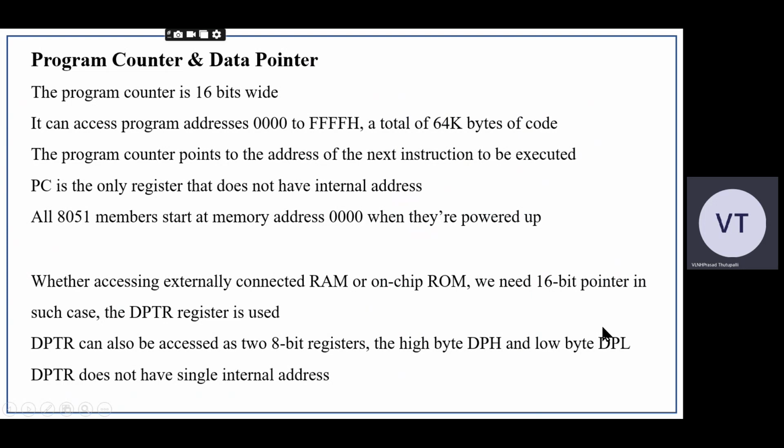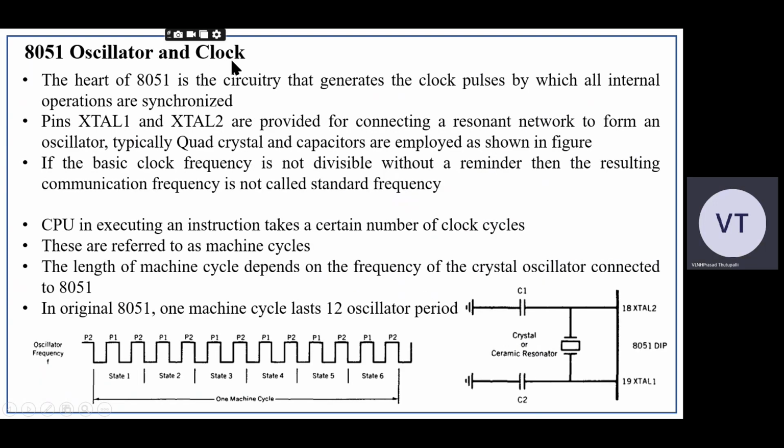The higher register has one unique address, and the lower register has one unique address. The main purpose of the data pointer register is to access the content available in external RAM or external ROM.